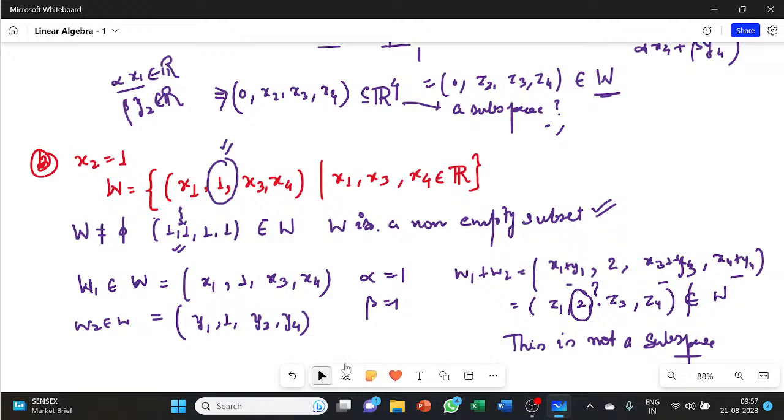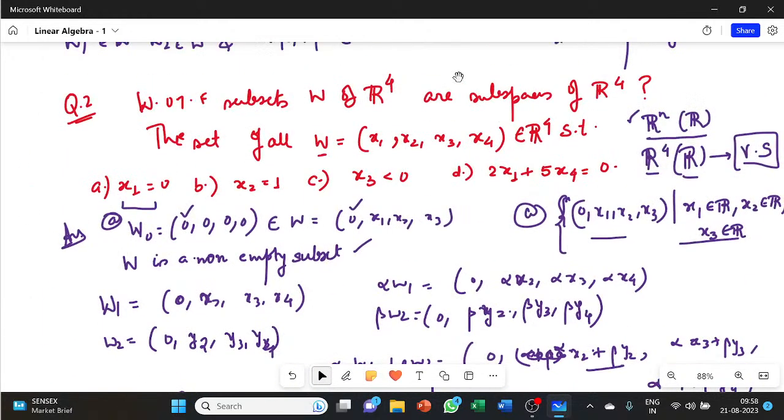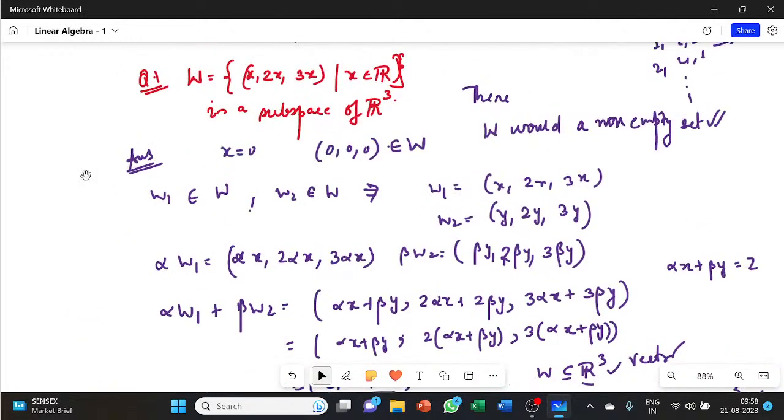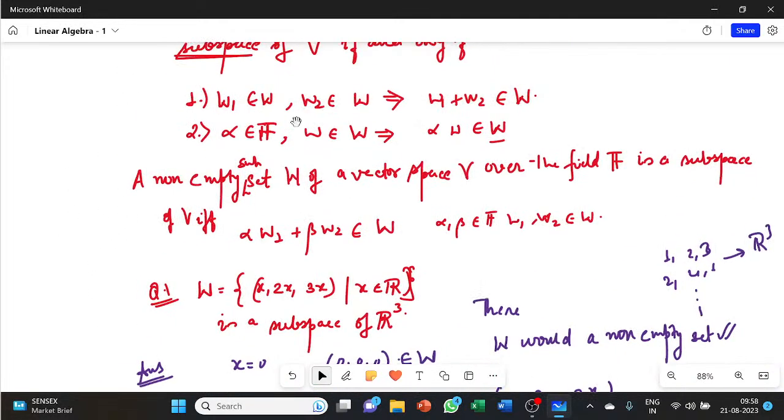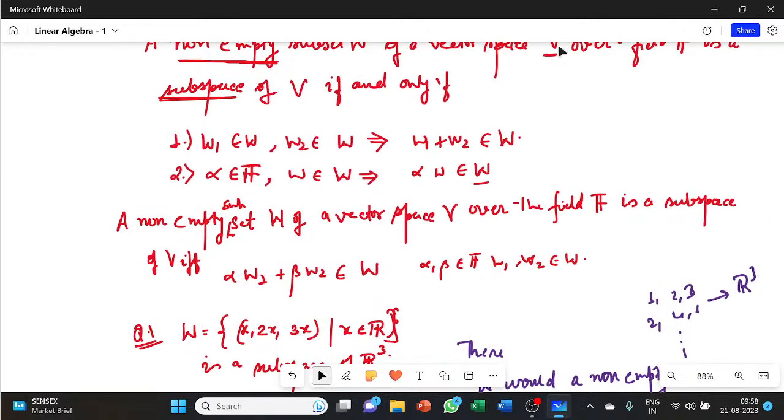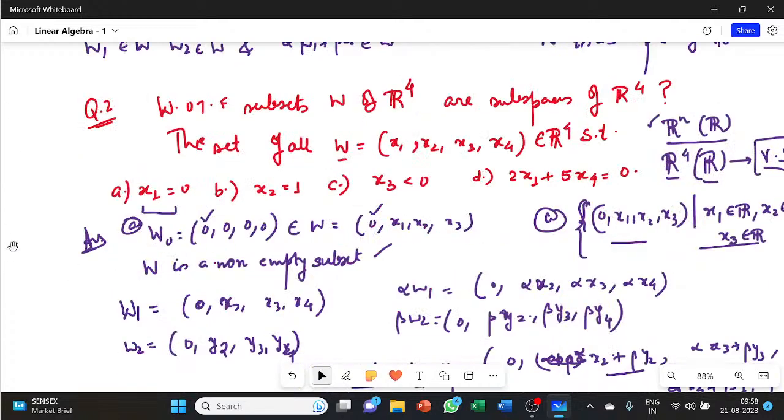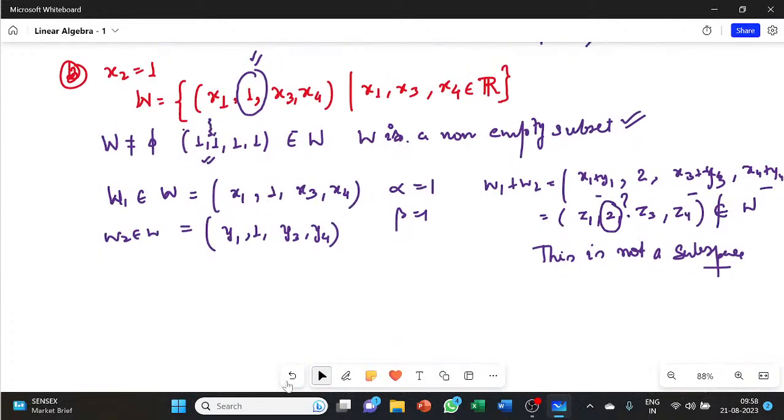If you remember, I had written another theorem. There were two theorems that I mentioned. One theorem which I'm currently using right now is this. Another theorem was: if alpha belongs to field F and w belongs to W, then alpha w should belong to W, if W is a vector space over V. So let us see whether this is also violated or not. Take alpha equal to 0 and my w equal to (x1, 1, x3, x4).